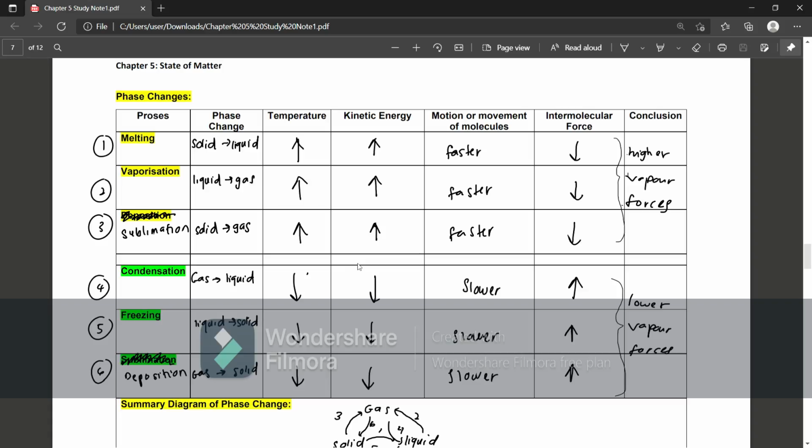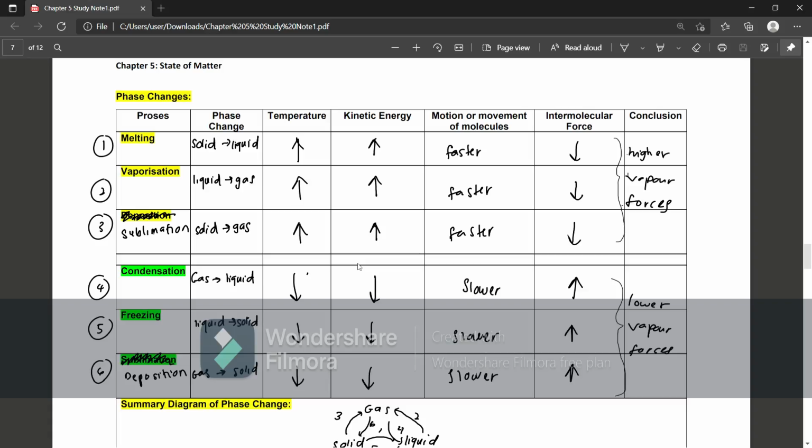For vaporization, liquid to gas: temperature higher, increase, kinetic energy increase, motion of movement of molecules faster, intermolecular forces decrease, conclusion vapor pressure higher.